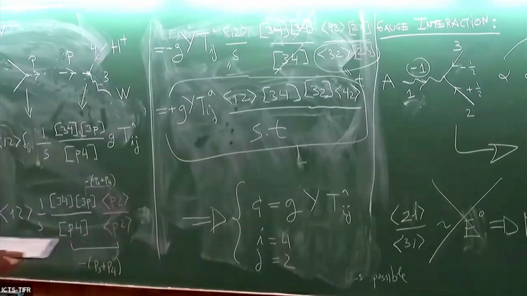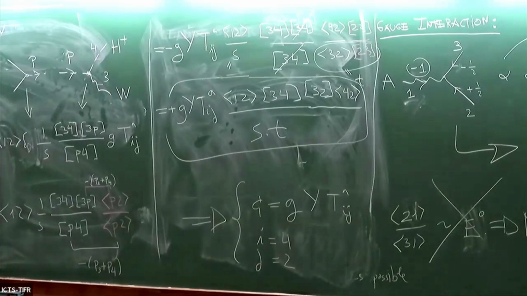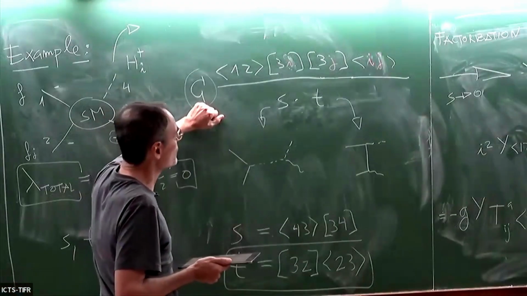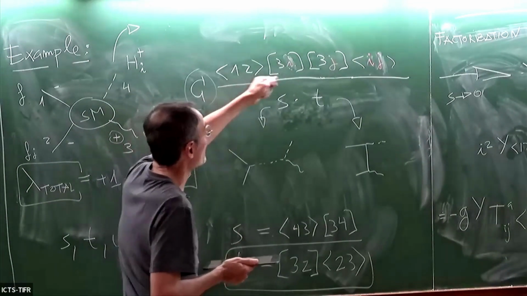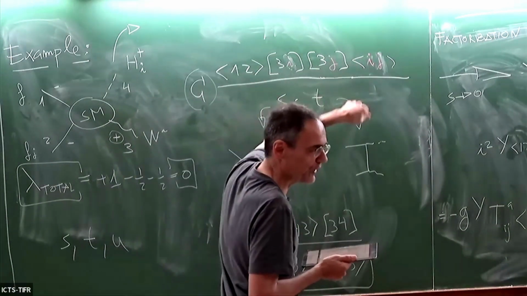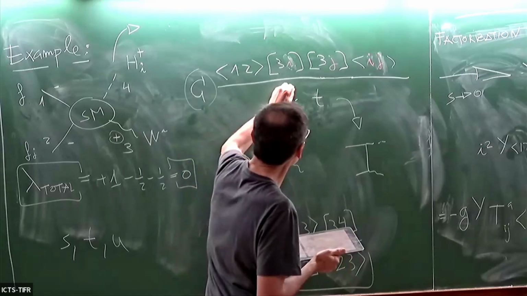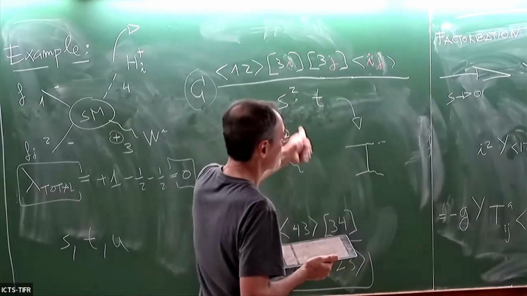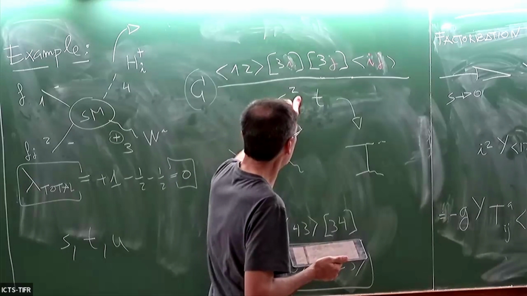The I is 4 and the J is 2. So this can be a healthy amplitude, a good amplitude, one that we build by conditions. It could be that it's not healthy. For example, this one is not healthy, of course, on dimensional grounds, a double pole.